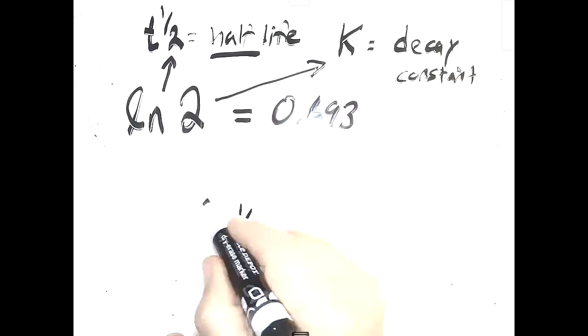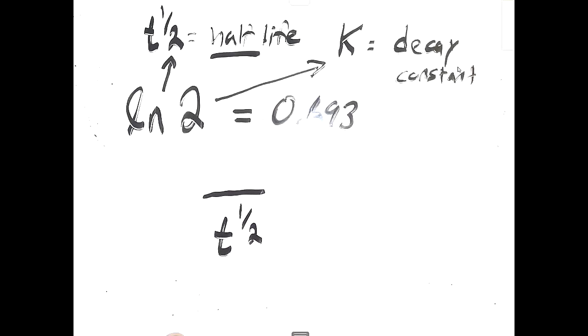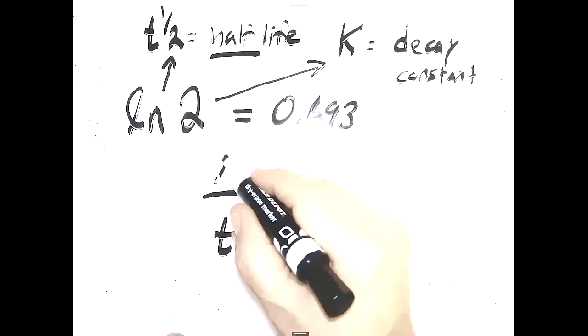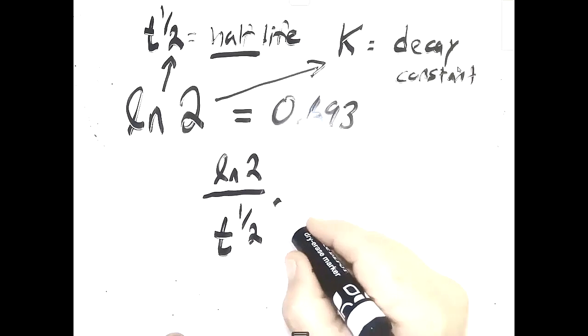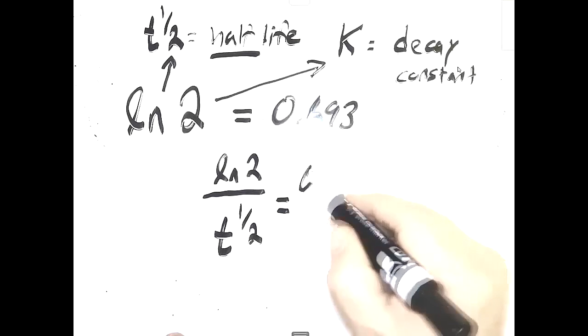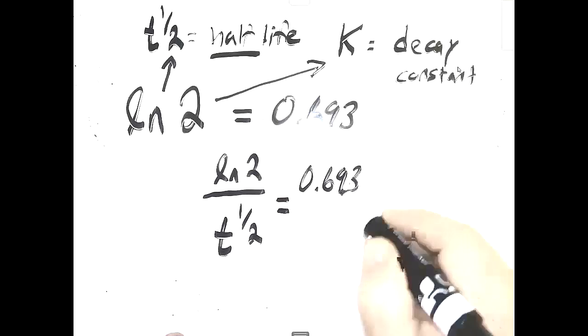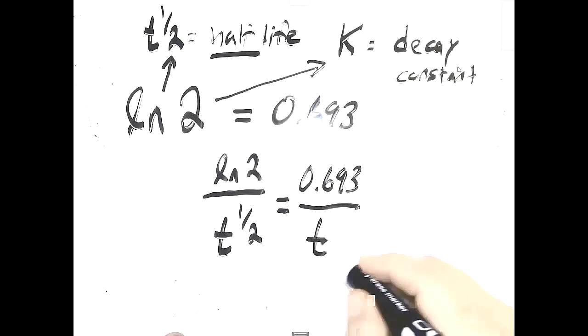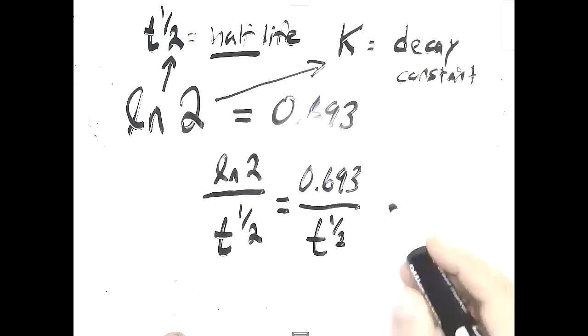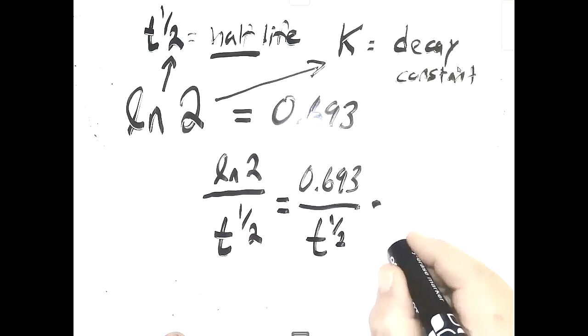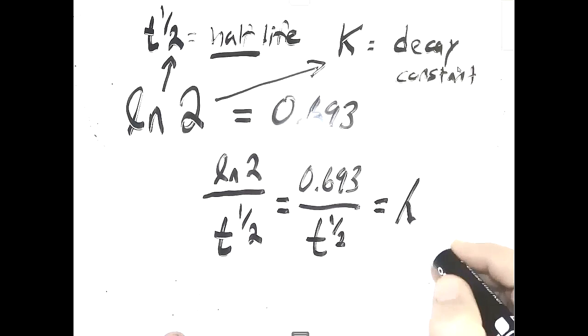What we're going to do is put that half-life on the bottom of an expression, and on the top, we're going to put the natural log of 2. Well, the natural log of 2 is always going to be approximately 0.693. So let's just write it that way. If I know what the half-life is, I just write 0.693, and that will be divided by the half-life, and guess what? That equals the decay constant, K.